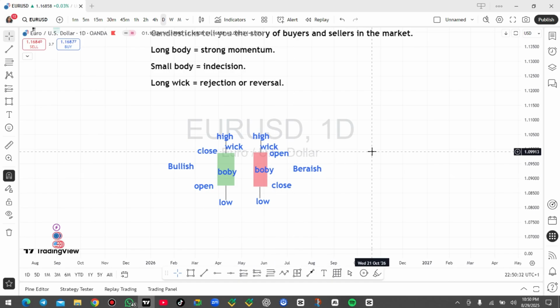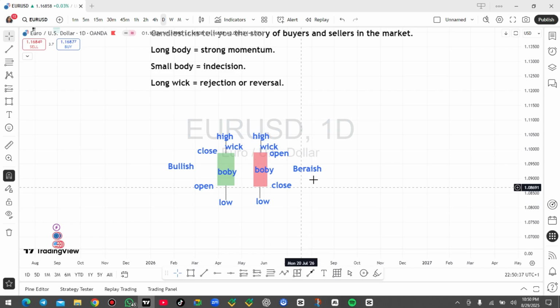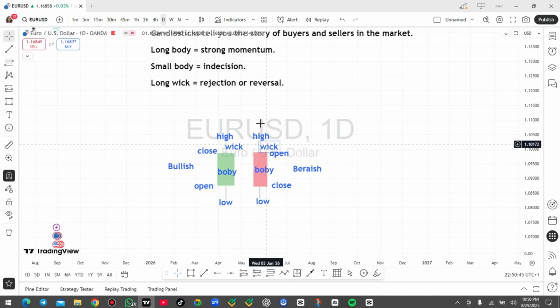So a candlestick tells you who is in control of the market, and this is the bearish candlestick, and this is vice versa. You see the opening of the market, you see the close of the market. This is the highest point that the market got to, and this is the lowest point that the market got to before buyers closed it at this point.